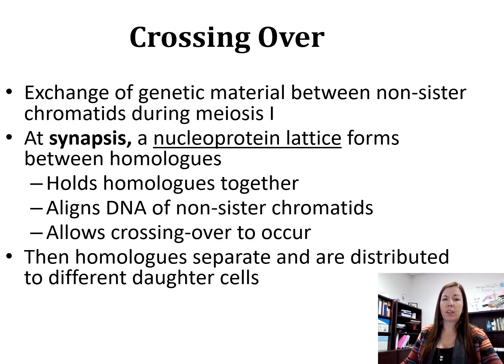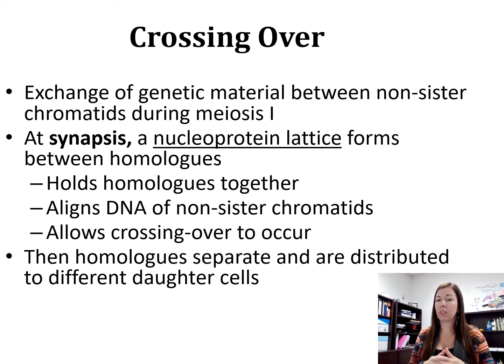So crossing over is basically exchanging genetic material between non-sister chromatids during meiosis. Once synapsis happens, those homologous chromosomes will stick together and align DNA of non-sister chromatids and allow crossing over to occur.